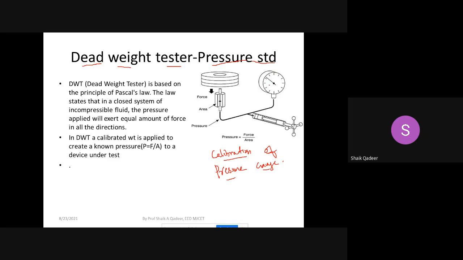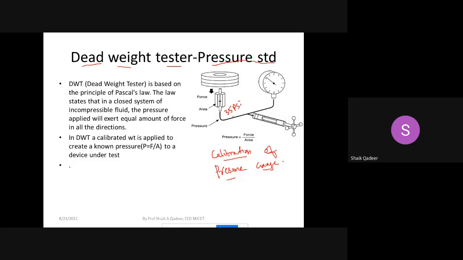So what will we do? We try to apply an amount of pressure which looks perfect in the ideal condition. So we create a mechanism of creating a known value of pressure. Suppose we made a mechanism of creating 35 psi of pressure, right?